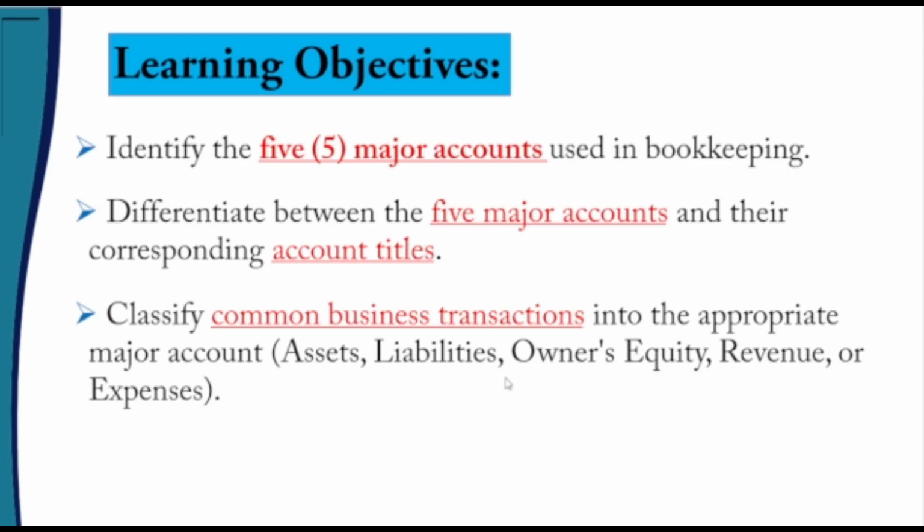So, given that we have 5 major accounts, let's classify which transactions fall under assets, liabilities, owner's equity, revenue, or expenses. And last, define the chart of accounts, which consists of the major accounts and each account title. We will tackle that later.